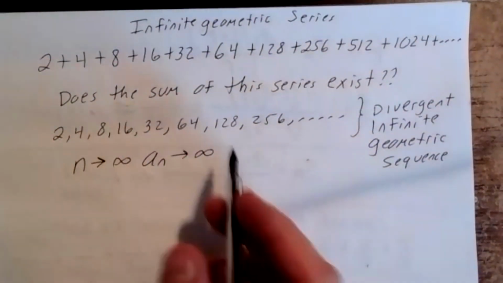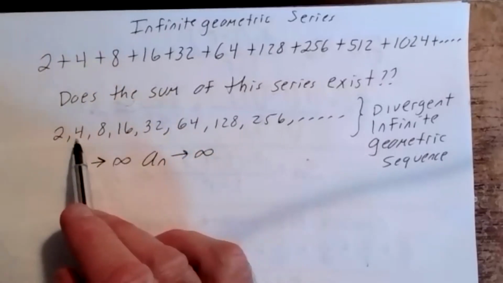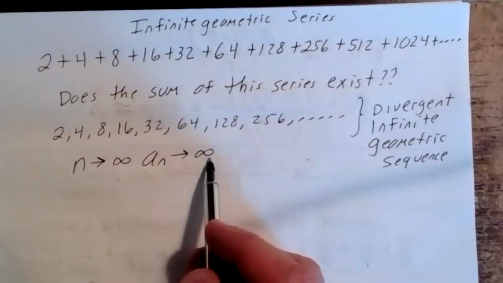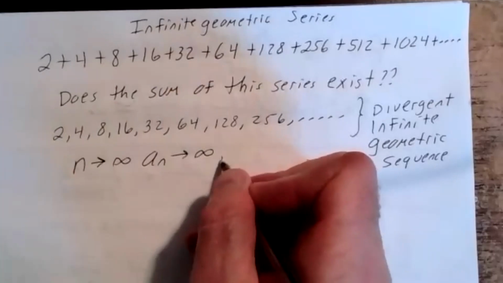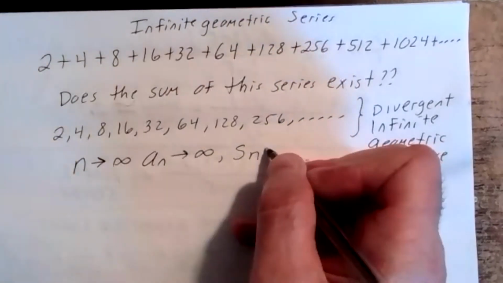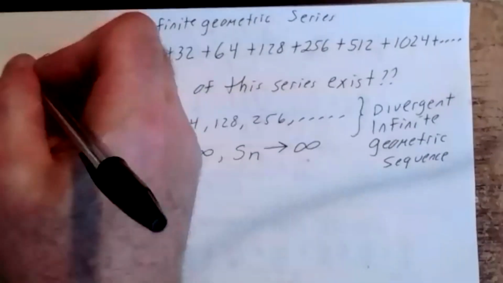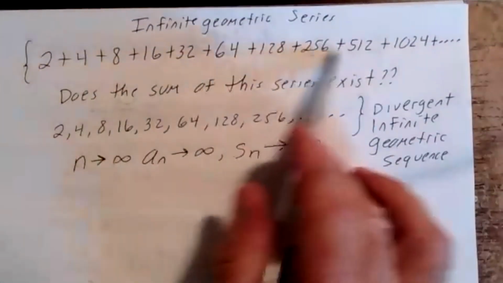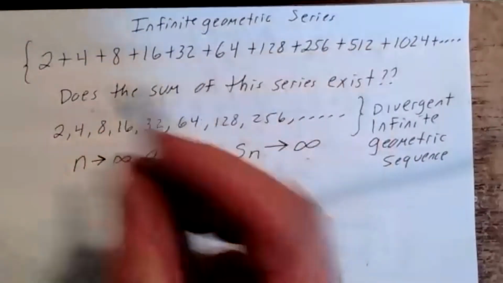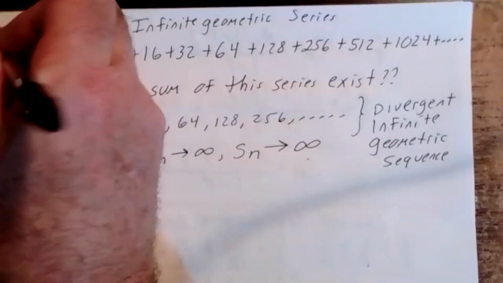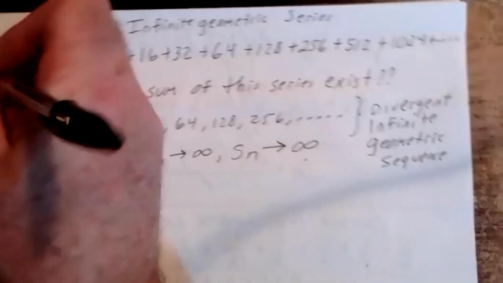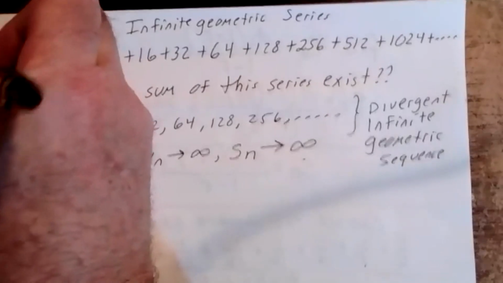And so as n approaches infinity, not only are the terms of the associated geometric sequence getting larger, approaching infinity, but ladies and gentlemen, the sequence of partial sums would also be approaching positive infinity. So for that reason, this is called a divergent infinite geometric series. Divergent. There is no sum, in other words.